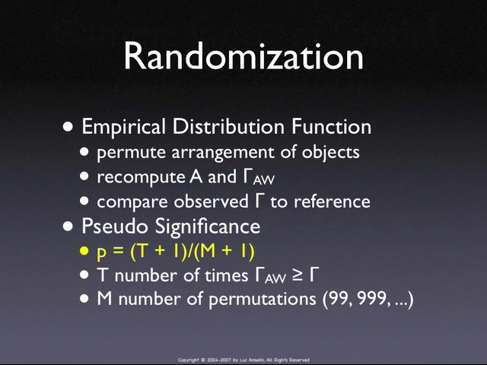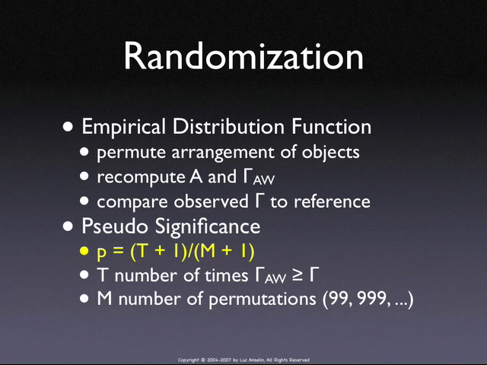Just to repeat our randomization process, the goal is to come up with an empirical distribution function, which we obtain by shuffling the objects around, recomputing these statistics, and then comparing what we observed, the gamma that we observed, to the reference distribution.